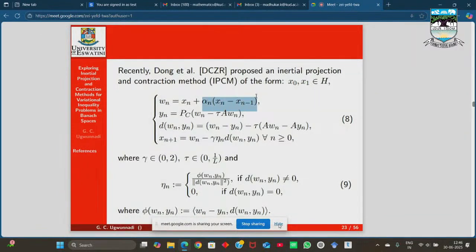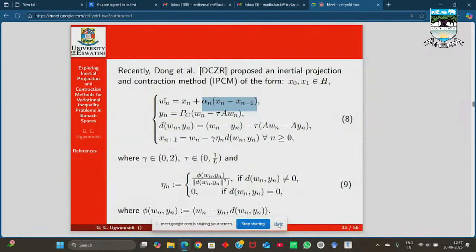This momentum we call inertial; it helps in speeding up the convergence rate. That is the essence of inertial in an iterative process, which has numerous applications in optimization and the equilibrium problem.